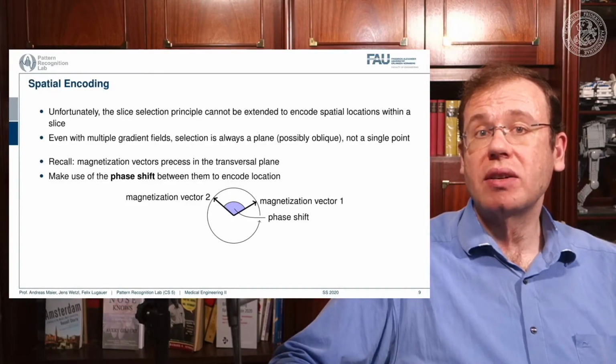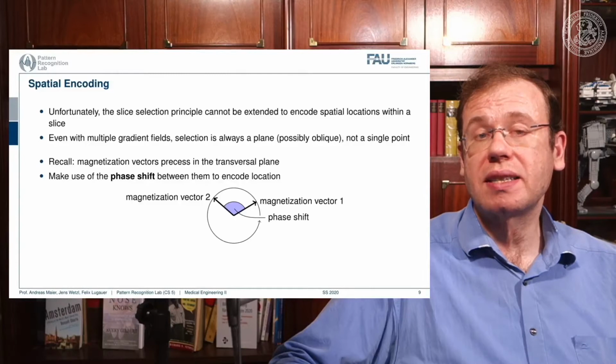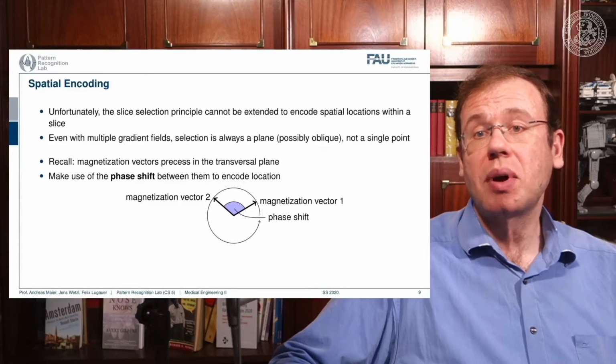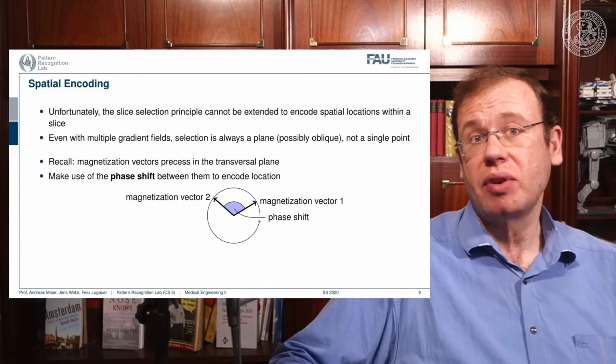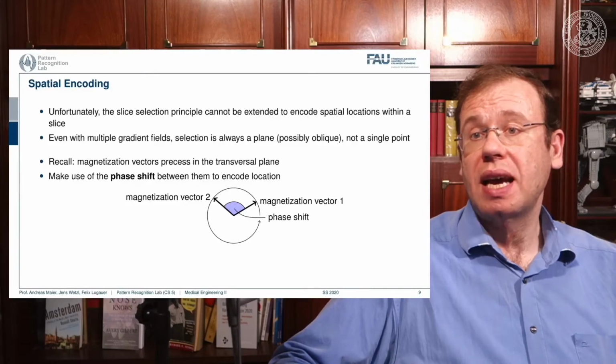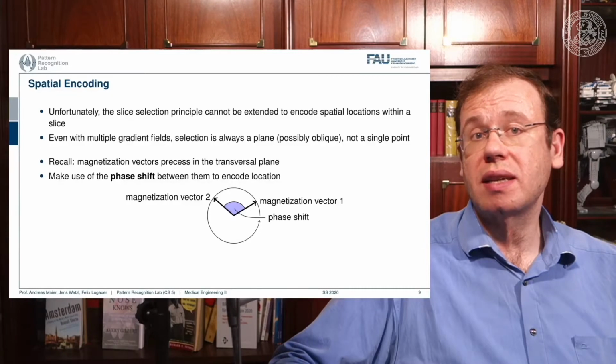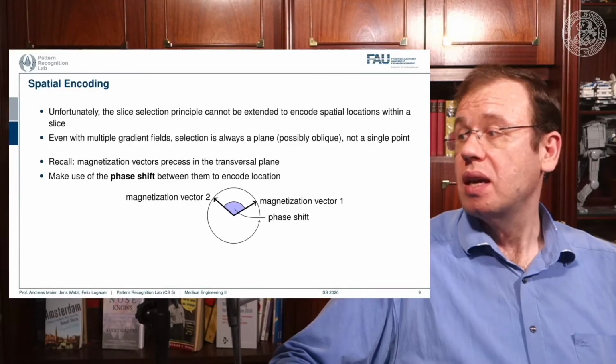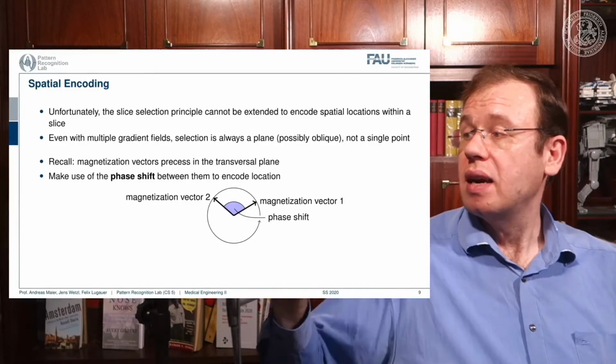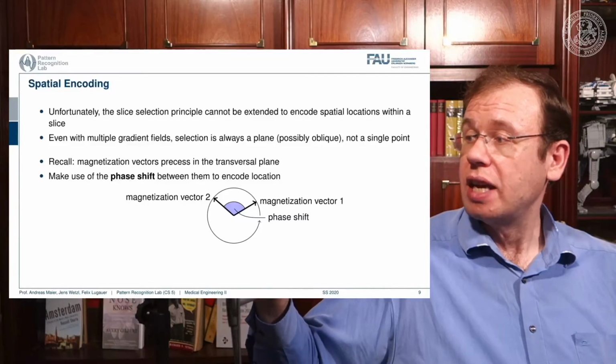So we cannot use the slice encoding principle again, but we can use a trick. We use again the gradient coil, and then we again introduce a shift in the Larmor frequency. What we can do is change the local magnetic field after the excitation.